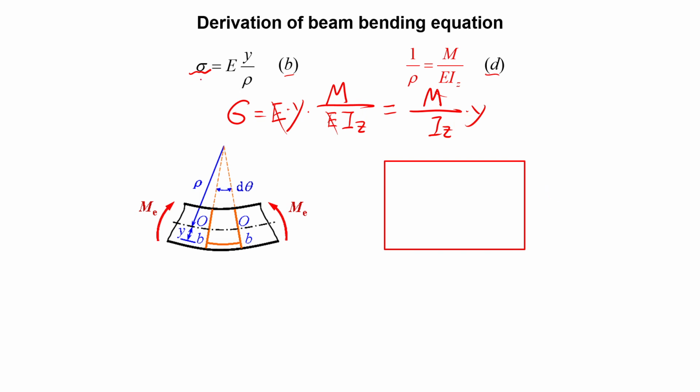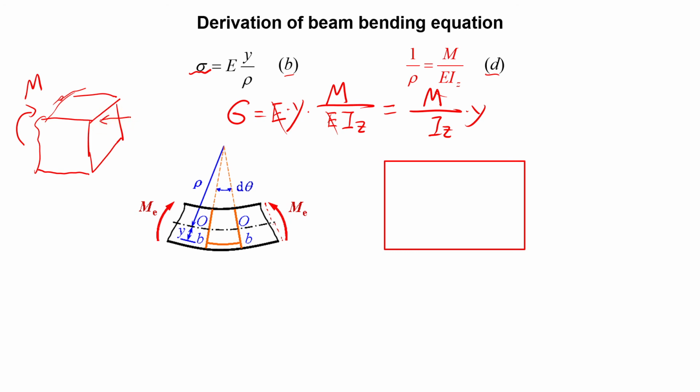So that equation tells you exactly what the stress is at any point across the section. I mean, you always need to look at a cross section like that, and you apply a moment, and you want to know the stress happening on this beam.